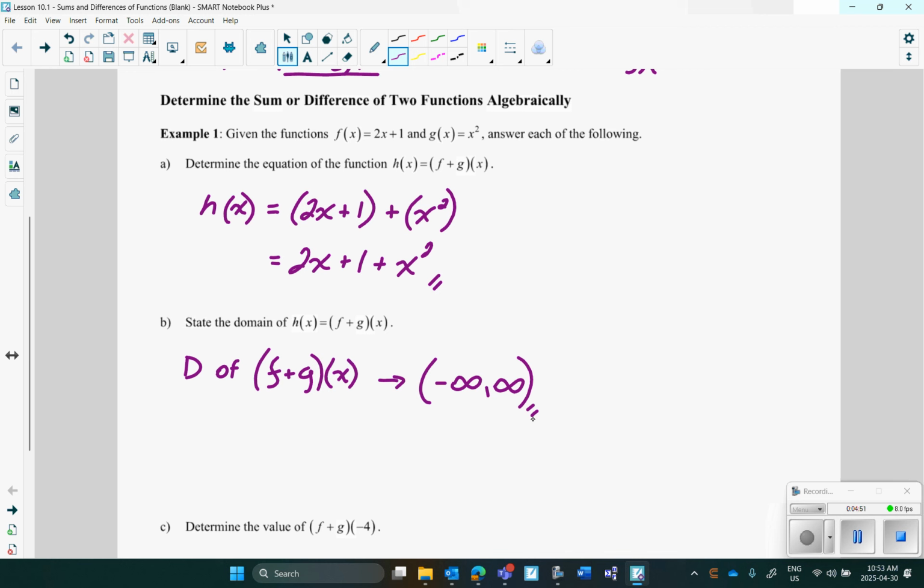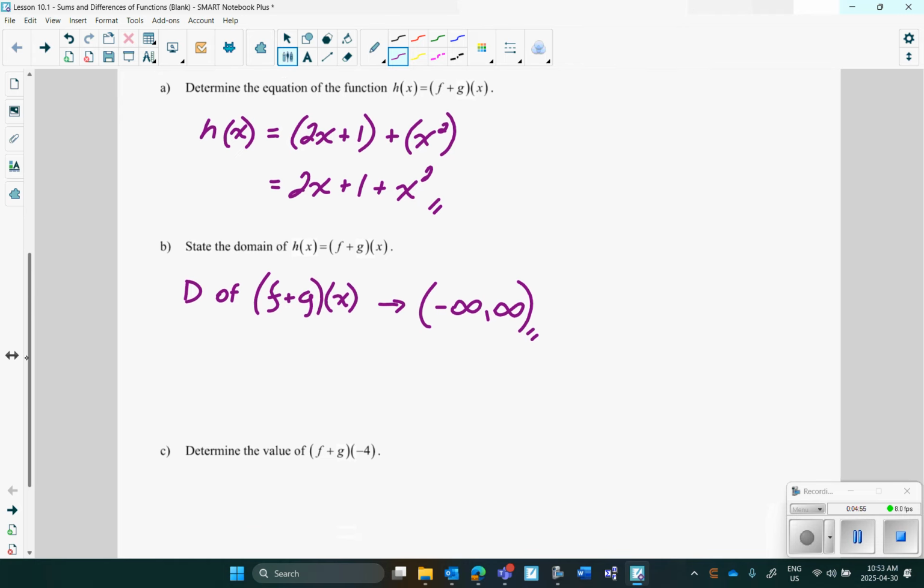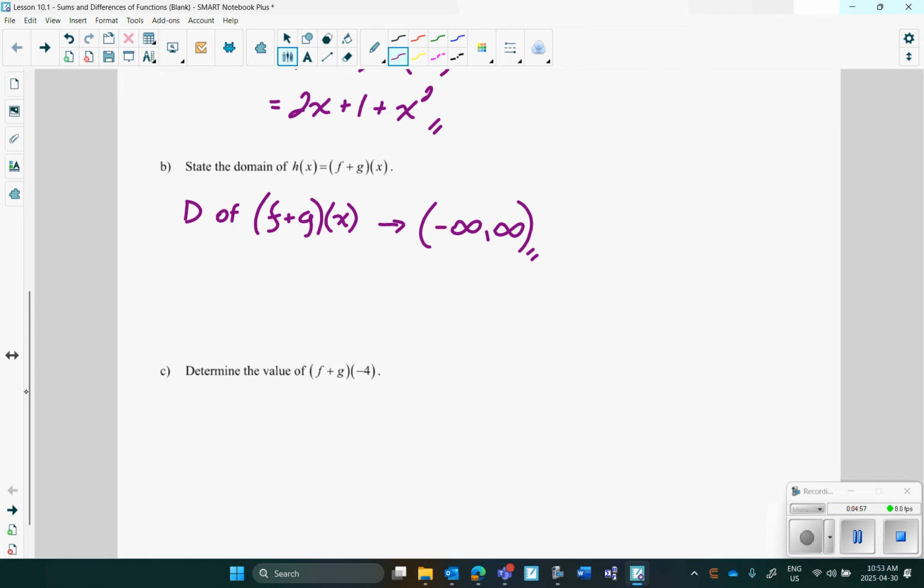We can actually evaluate these new functions. What's the value of f plus g of -4? All that means is, here's the function f plus g of x, right? Plug -4 in every time you see an x and calculate.